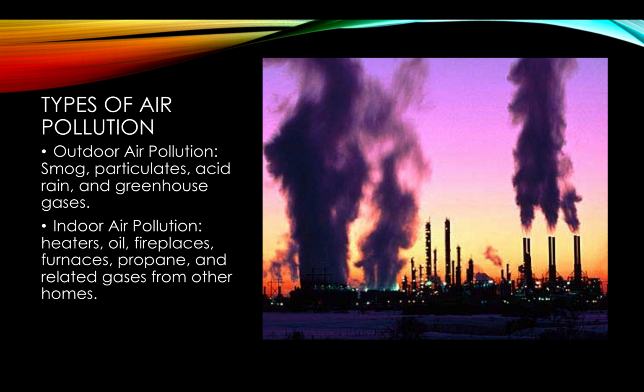And the second type, particulates, is, as we discussed before, matter that can be either a solid or a liquid that is suspended in the air and which can be deadly from man-made substances. And the third type, acid rain. So when it comes down to it, it creates acidic rainfall that can be deadly to all life, including humans, forests, and lakes.